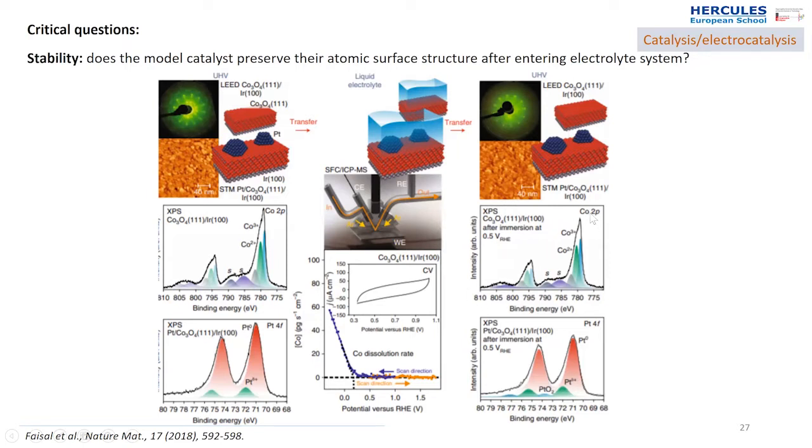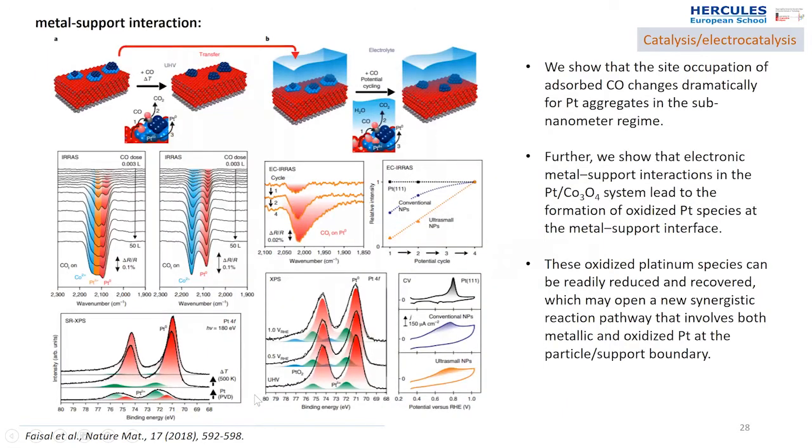You can see that the support, the cobalt oxide, Co3O4 single crystal on iridium 100, is unchanged. Together with the platinum, a little more platinum oxide is created. Otherwise, you can see the metal and the oxide remain the same.